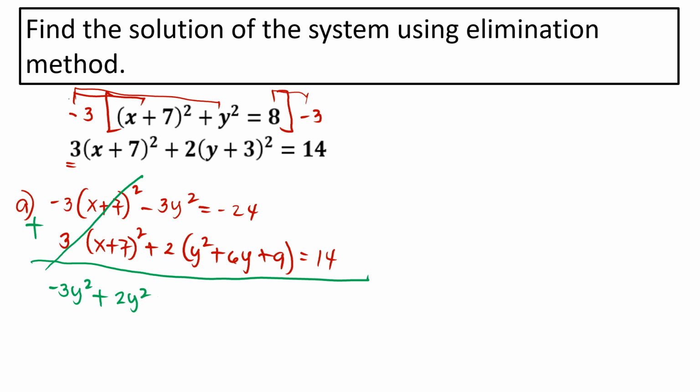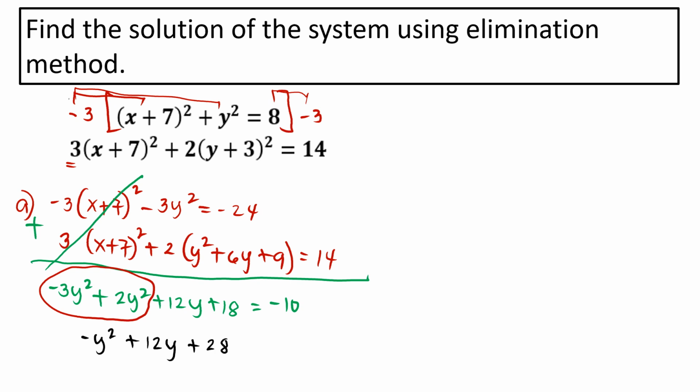So 2y squared plus 12y plus 18 is equal to negative 24 plus positive 14, we have negative 10. Gathering similar terms, it will give us negative y squared plus 12y, and then positive 18 plus the 10, the negative 10 will be transposed.